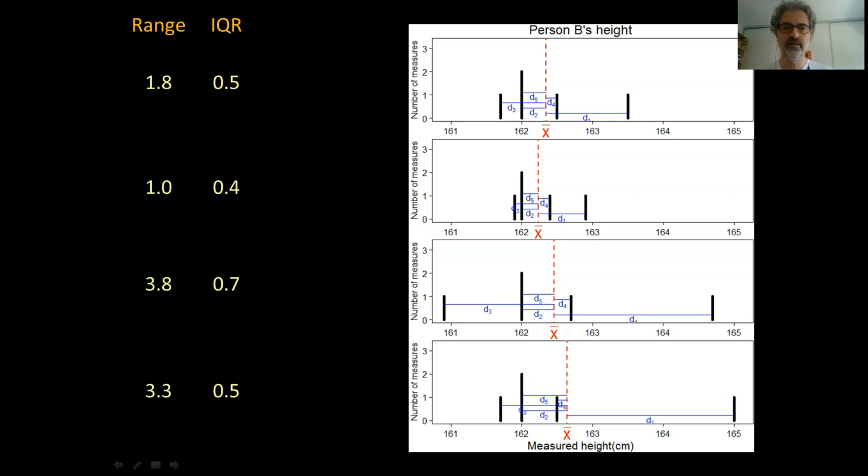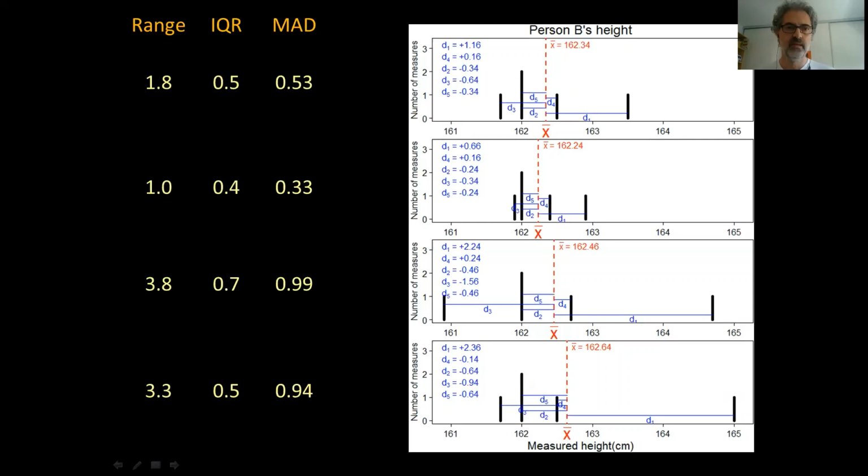Let us move on to the deviation-based indices. These are the deviations, so the distances from the mean, and these are the actual numbers. The mean absolute deviation is 0.53 in the original data, 0.33 in the condensed data, 0.99 in the expanded data, and 0.94 in the data with an outlier.